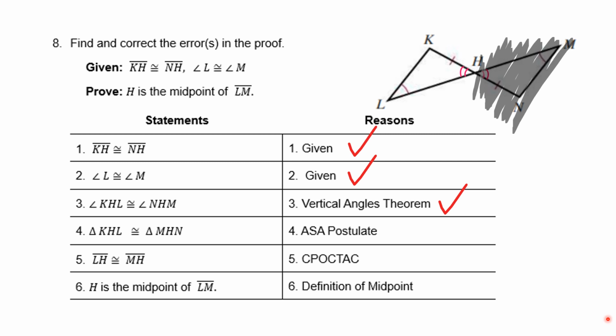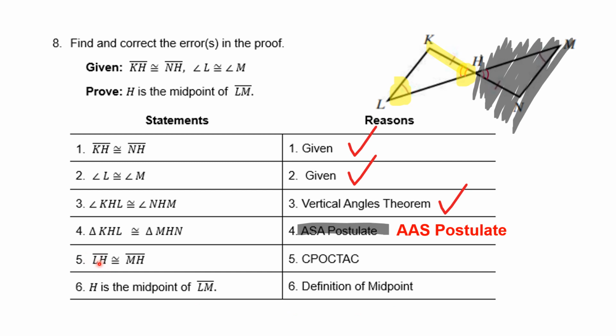That's supposed to be angle, angle, side. But they have written here that that's by the angle, side, angle postulate. So that is a mistake. Let's fix that. That's the angle, angle, side postulate. They said errors, so potentially there could be more than one, so let's continue on.